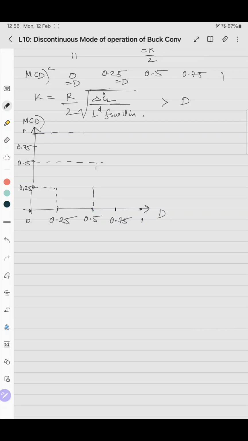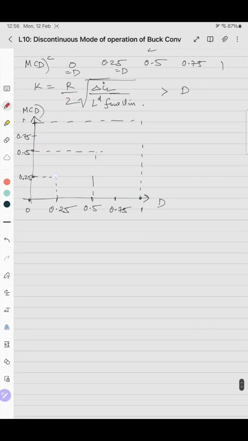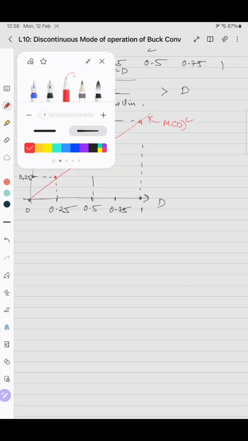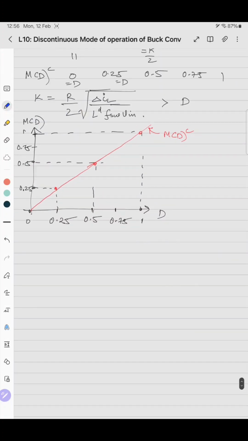It is not up to scale, but you can draw it. These three points make a straight line. This is M of D for continuous conduction mode. Now if we draw for discontinuous conduction mode, it will be 0 at the start.